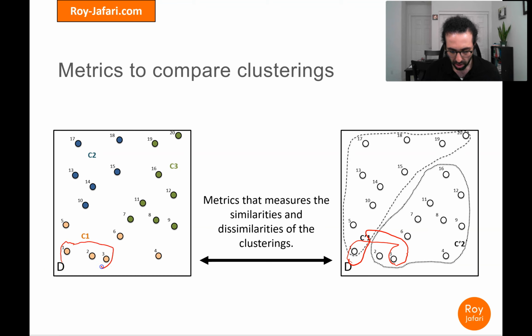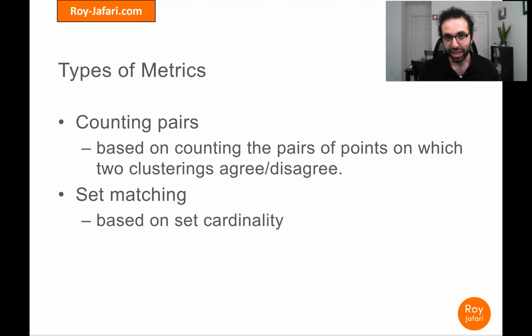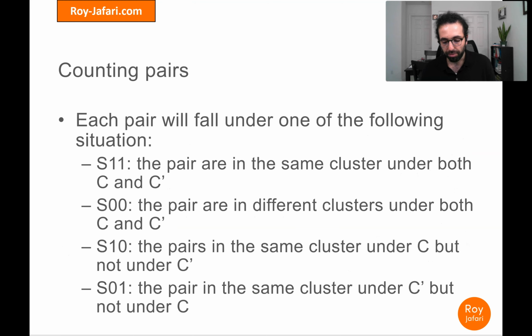We study all of these pairs, and based on what we see, we come to a number that can capture the similarity between the clusterings. Each pair may fall in one of these situations.